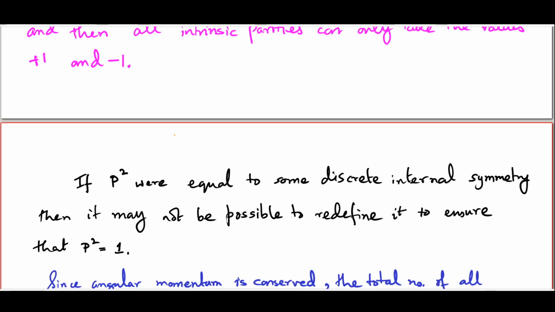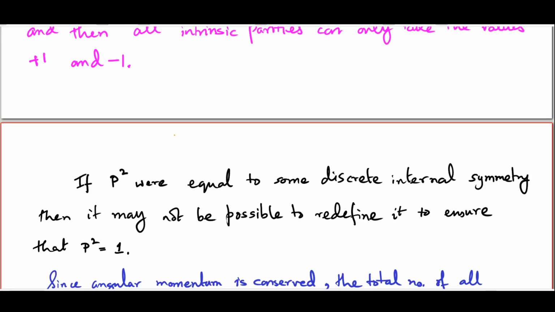Then IP, the so-called inverse square root of P square, would not actually be a symmetry operation, and therefore redefining P prime as P times IP, while it will give me an operator, it will not give me a conserved operator which can work in place of the parity operator. So this redefinition, which ensures that the eigenvalues of P be plus minus 1 and also the intrinsic parities of particles be always plus minus 1, may not be possible in such a situation.